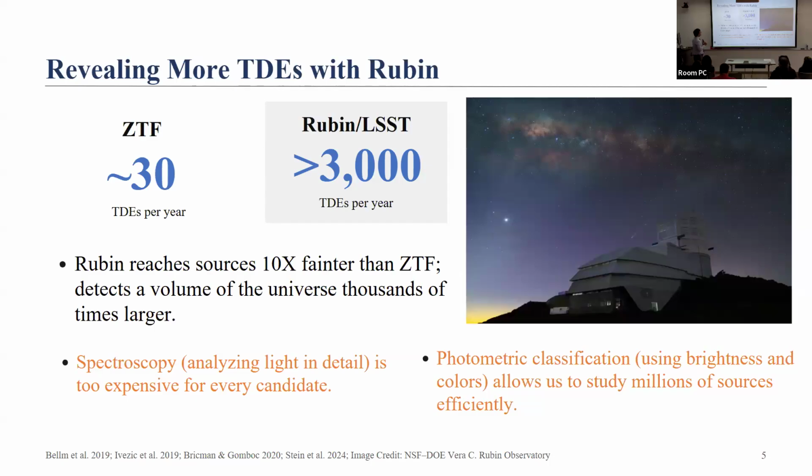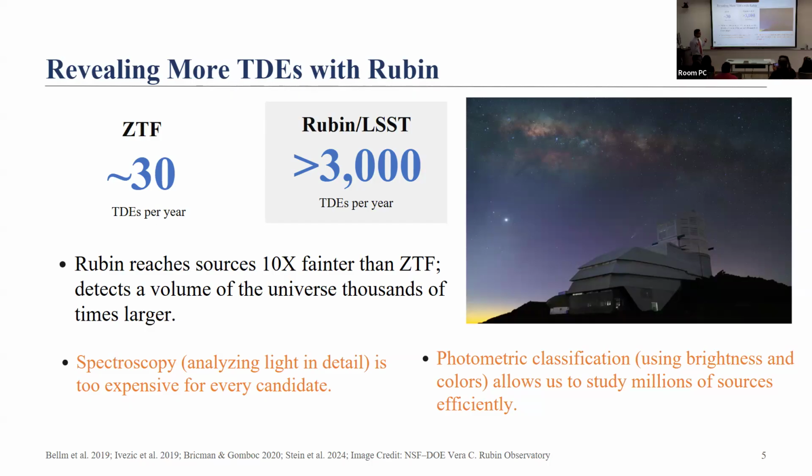They are expected to detect almost 30 TDEs per year, a relatively low number. But Rubin is the next generation sky survey, a multi-billion-dollar project that is expected to detect more than 3,000 TDEs per year. Rubin reaches sources almost 10 times fainter than ZTF, the current sky survey that we have. So it detects a volume of the universe thousands of times bigger.